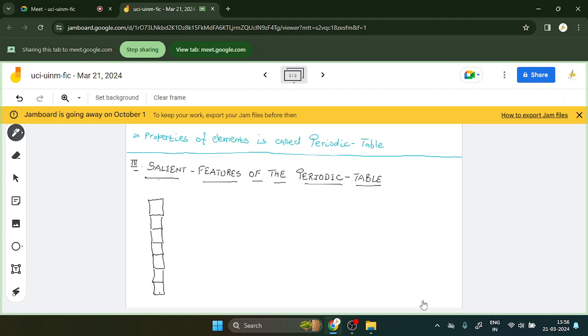So I am writing the names here: hydrogen, lithium, sodium, potassium, rubidium, cesium, and francium. This is group number one. We call it group 1A.